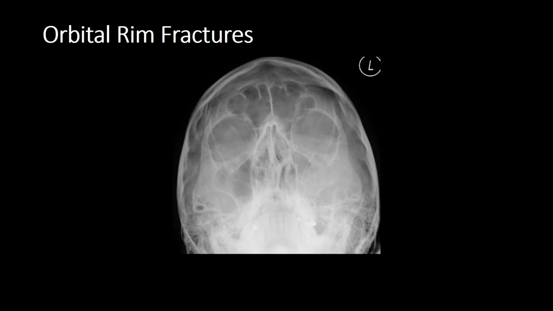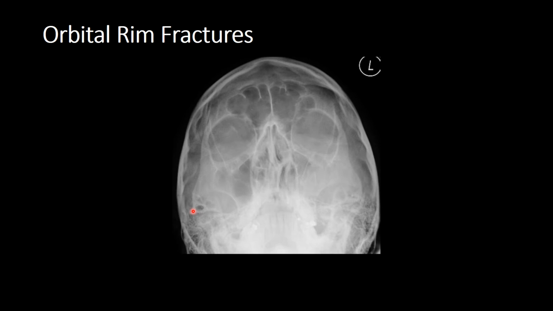So is there diastasis of the frontozygomatic suture? No. Is there a fracture to the superior orbital rim? No. Is there an air fluid level in the frontal sinus? No, there's normal aeration. And is there a black eyebrow sign caused by orbital emphysema? No. Okay, so let's move on to line 2.